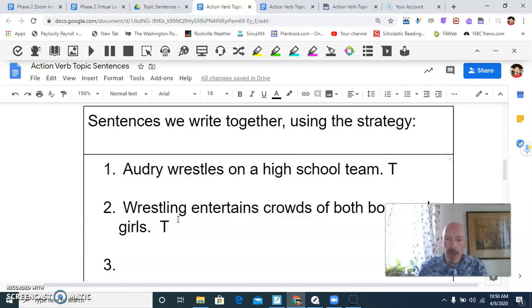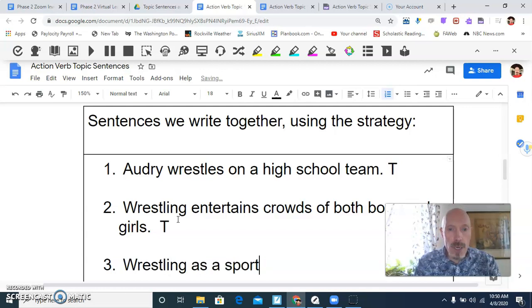Now I'm going to write a thesis statement. Again, a thesis statement is about a bigger idea that you want to prove or persuade people of. Okay. It's an opinion. It's a point of view. How's this? Wrestling as a sport should be open to both girls and boys.